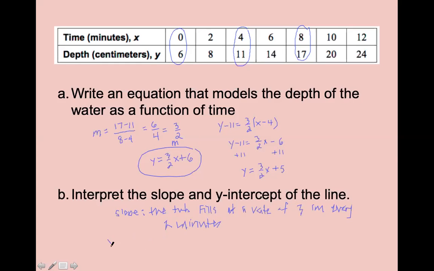The y-intercept represents how much water was in the tub to start with. The depth of the water at the start.